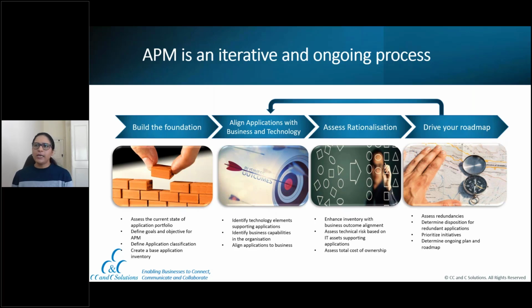So I'm going to quickly unbundle this, talking about anything you start with building the right foundation. So we need to build the right foundation even for APM, and there are certain things that we need to consider when we do build that. Starting with the base inventory of application is the key.